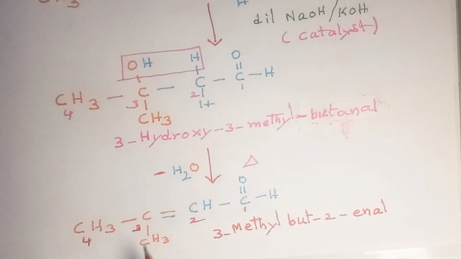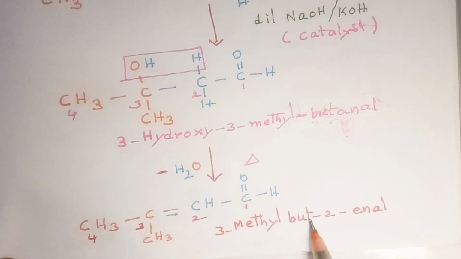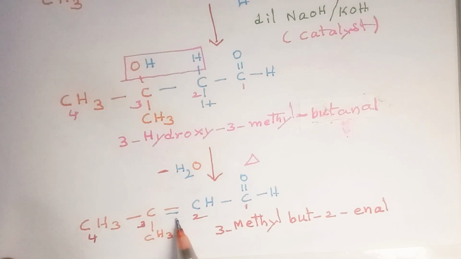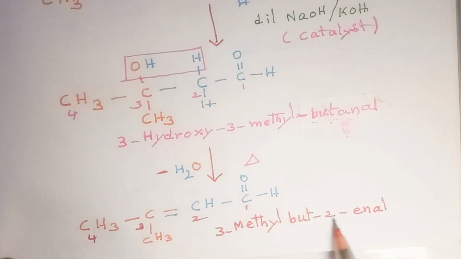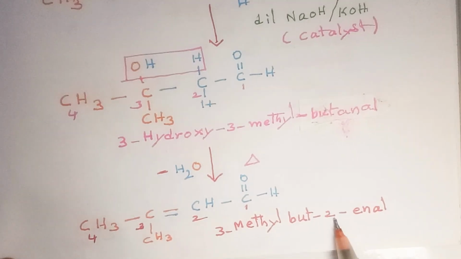Since there is a methyl group on the 3rd carbon atom, and a double bond between the 2nd carbon and 3rd carbon, this compound is called 3-methyl but 2-enal.